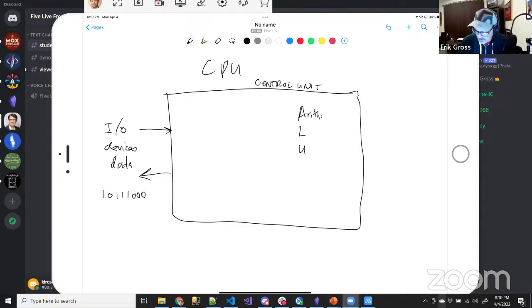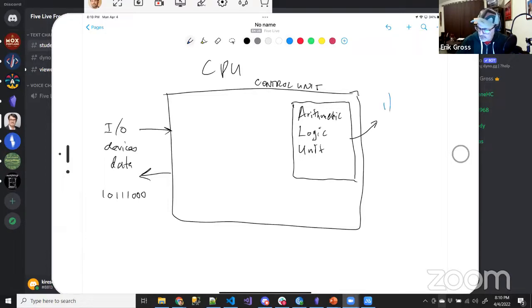Yes, arithmetic, logic, unit. This is a part in the CPU. Now, what does it do? First, it does math. That shouldn't be a surprise. Second, though, it does logical comparisons.